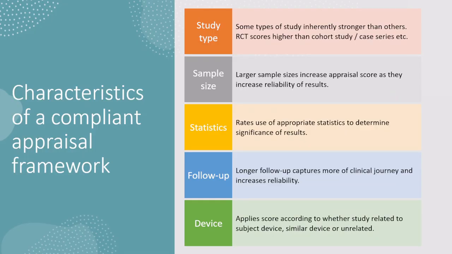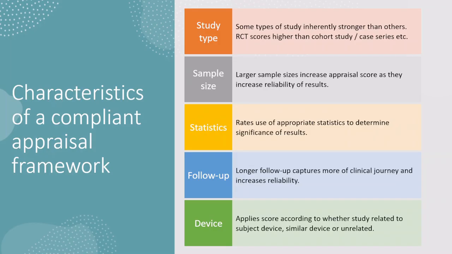Let's think about characteristics of a compliant appraisal framework. Again, there's no universally accepted method, but this is just an example of what an appraisal scheme may consider. Study type is one important consideration. Some types of study are just inherently stronger than others. So a randomized control trial would normally score higher than a cohort study or a case series, for example.